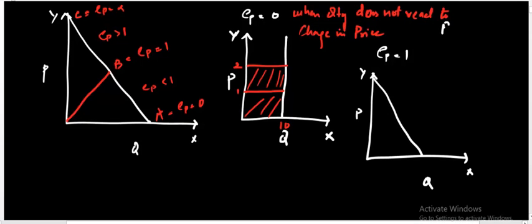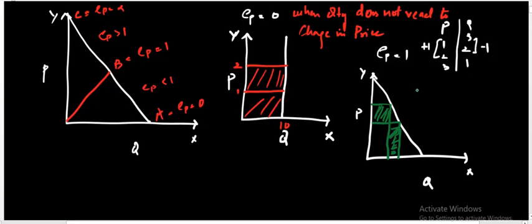Say, for example, if this is my price 1, 2, 3, and this is my quantity demanded, 3, 2, 1, which means that with 1 unit increase in the price, there is a corresponding 1 unit decrease in the quantity demanded. We say that the elasticity of price is equal to 1. So for every decrease in this price, there is a corresponding increase in the quantity demanded.